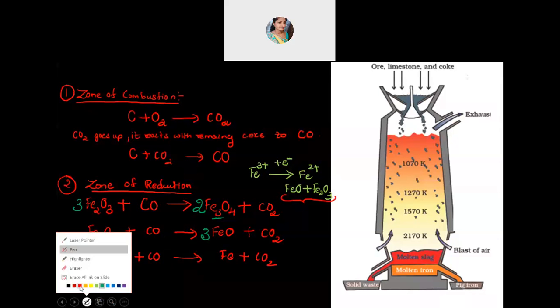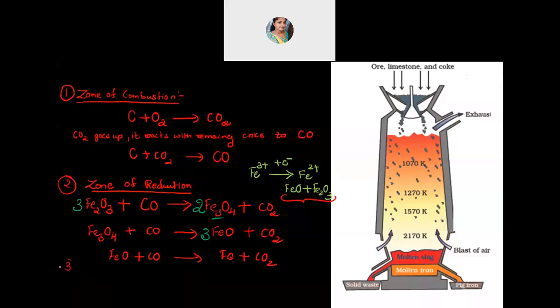Now the last thing, see what happens. The last one, the third zone, the zone of slag formation. Since you are passing here limestone, which is calcium carbonate, CaCO3, and you are heating it at a higher temperature, it is obvious that carbonate has to break down.